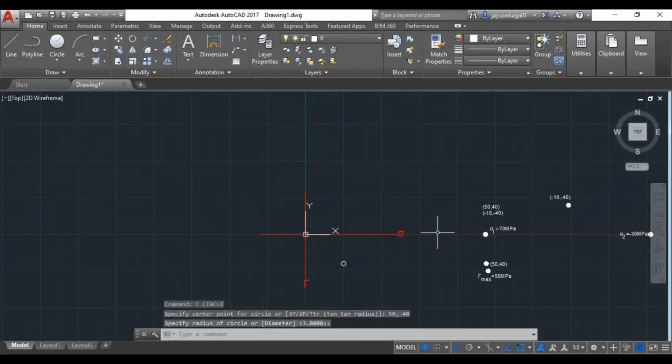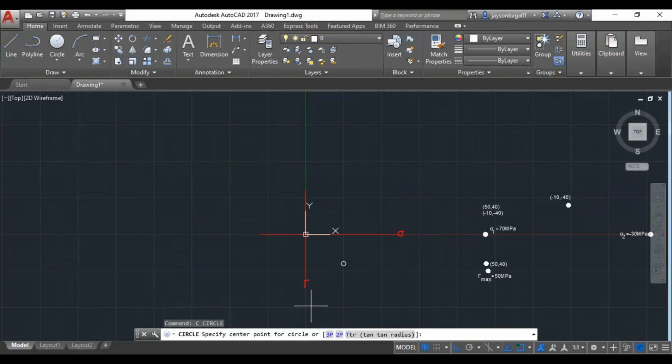So kung mapapansin ninyo, binaliktad ko yung sign nung sa y coordinate natin. Dahil di ba, ang orientation natin sa Mohr circle is yung positive natin na stress is nandito sa baba and yung negative naman is nandito sa taas, whereas sa AutoCAD ay sumusunod dito doon sa Cartesian coordinate system natin.